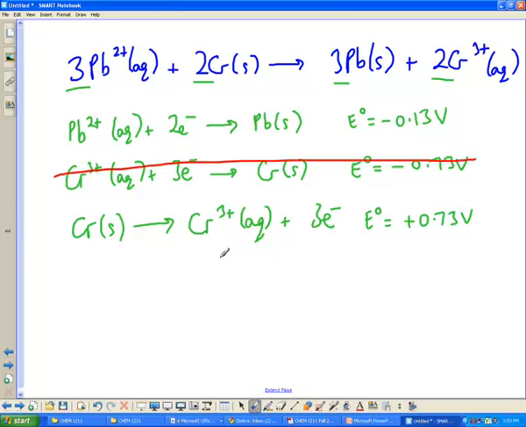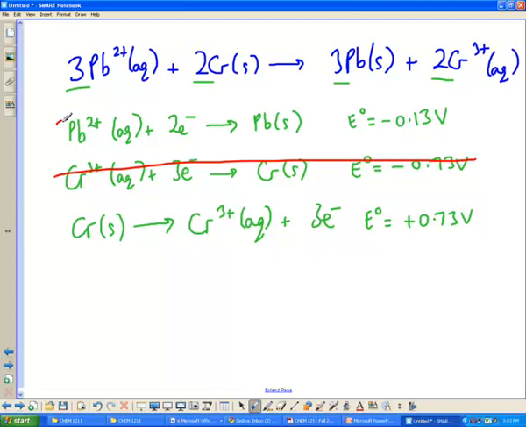Alright? Now, of course, 3 electrons, 2 electrons, those don't match. We have to make them match and multiply the whole thing by 3 here, the whole thing by 2 here. But remember what I said? Because voltage is a measure of how quickly electrons pass a certain point, the actual total number is irrelevant.